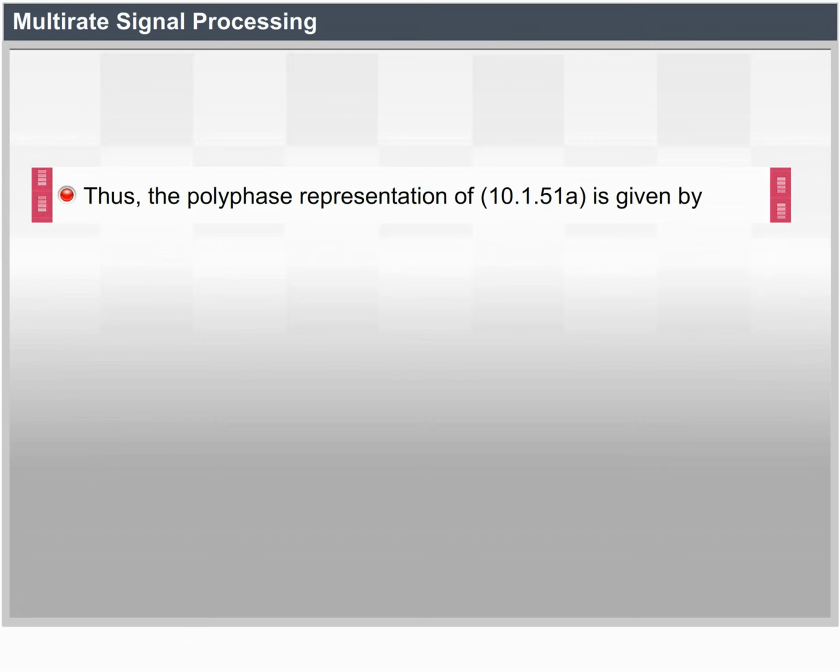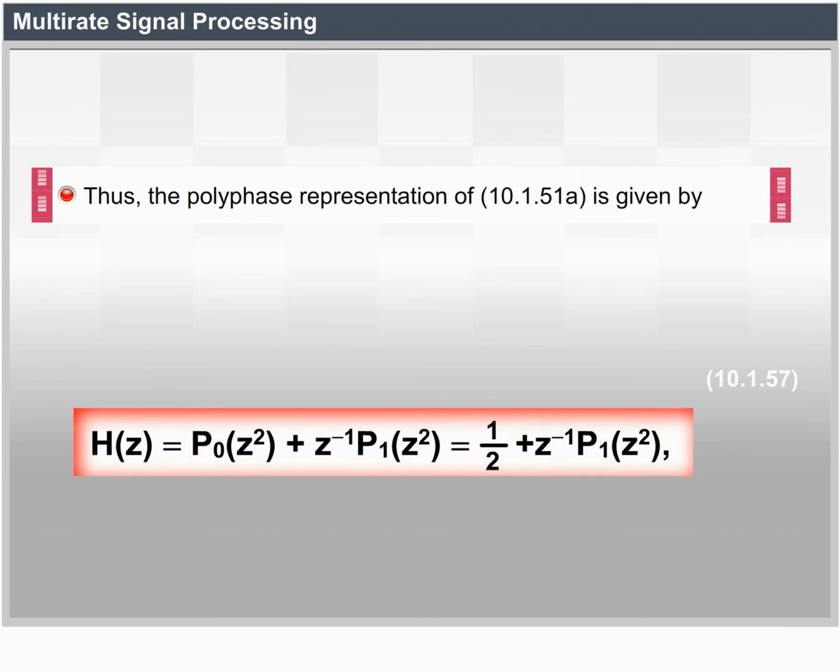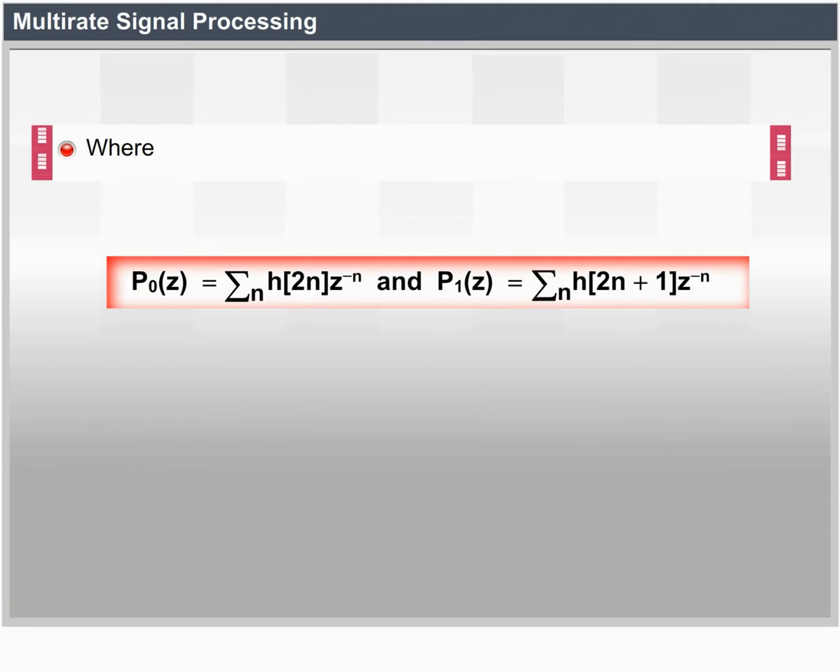10.1.51a is given by H(z) = P0(z^2) + z^-1 P1(z^2) = 1/2 + z^-1 P1(z^2), which is equation 10.1.57, where P0(z) = sum over n of h(2n) z^-n and P1(z) = sum over n of h(2n+1) z^-n.